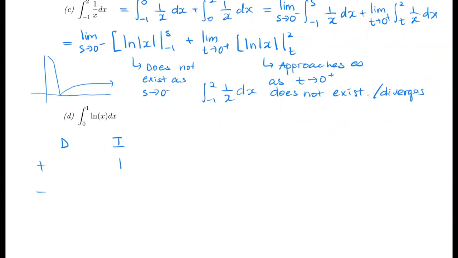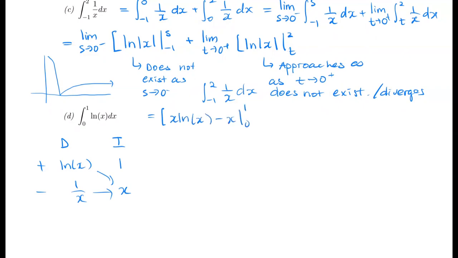I'm going to be integrating the 1, differentiating the ln. So that'd be 1 over x, and we have x here. So going this way and then this way, this integral just becomes x ln x minus x, from 0 to 1.